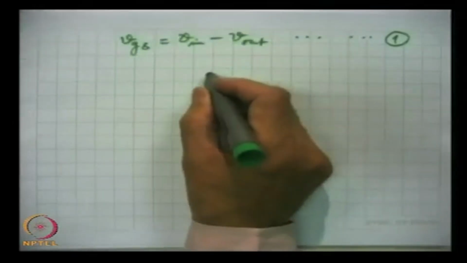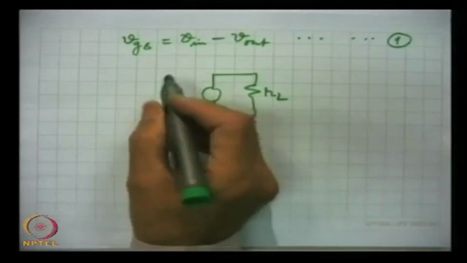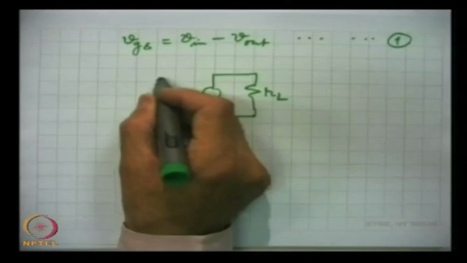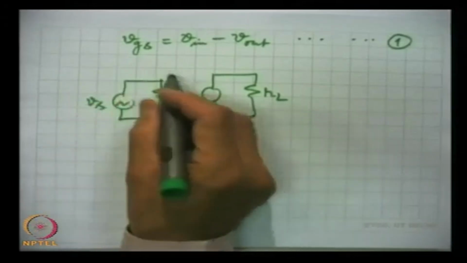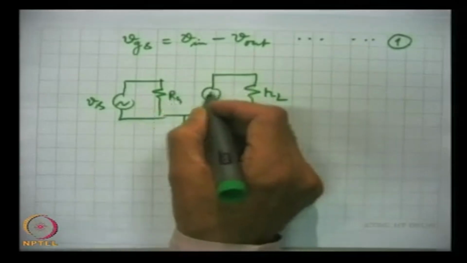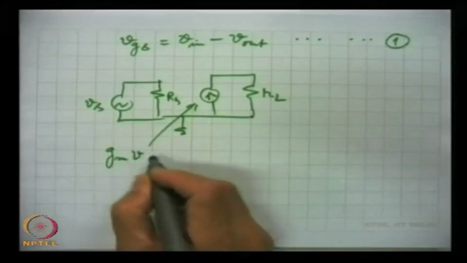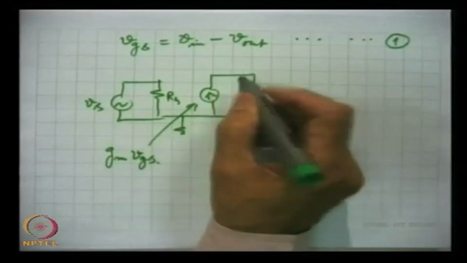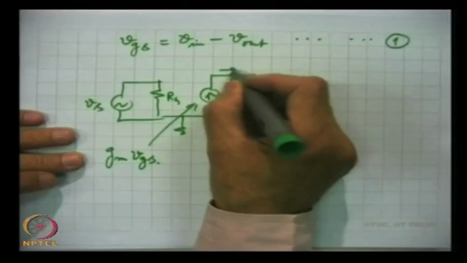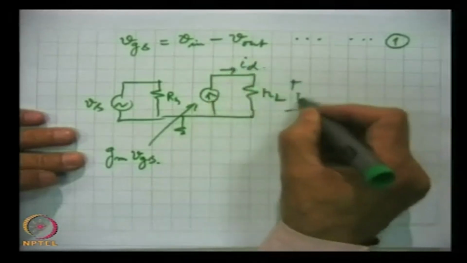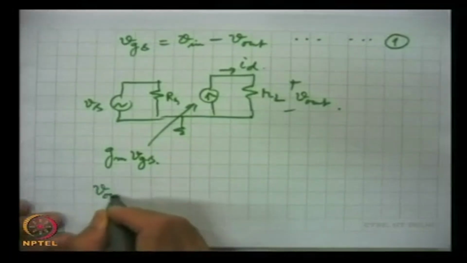So, in that case it will be, this is RL, and here this is RG, this is GM VGS, and this is ID, this is plus minus V out, and from here we can write V out from the circuit.